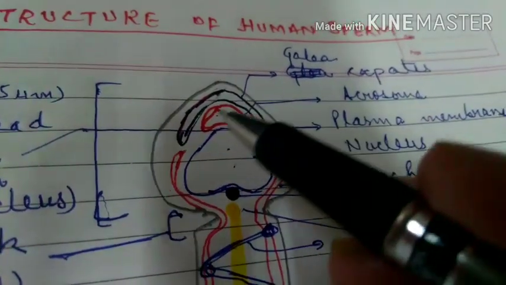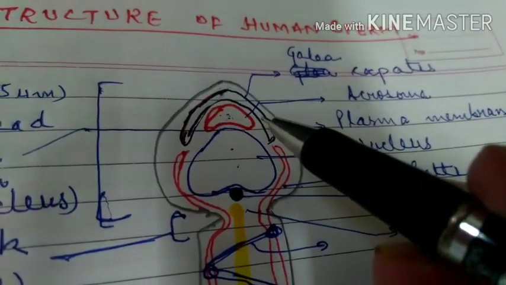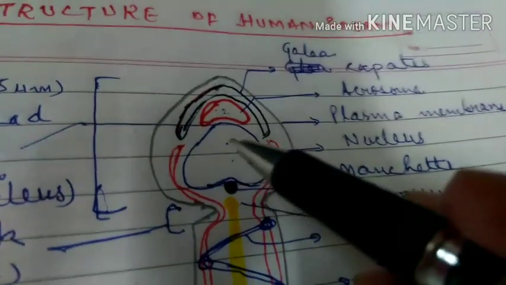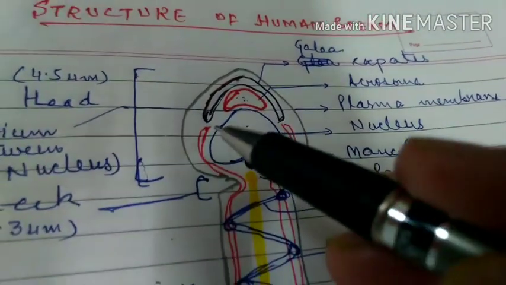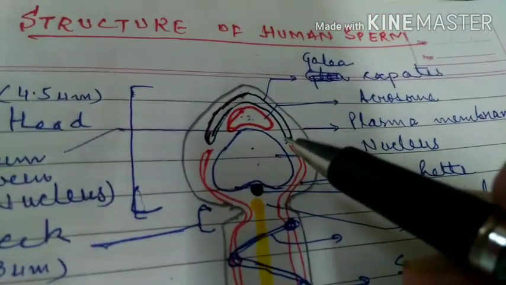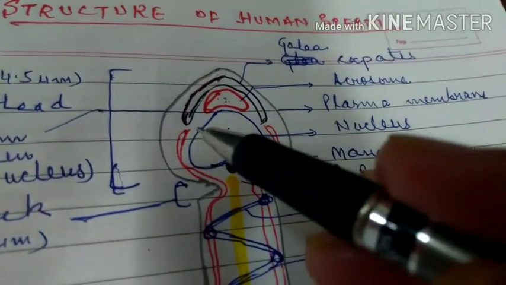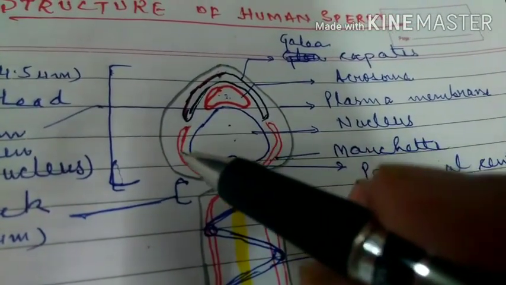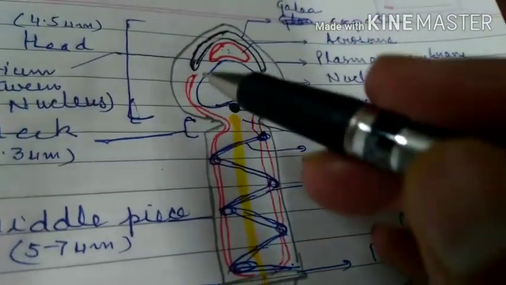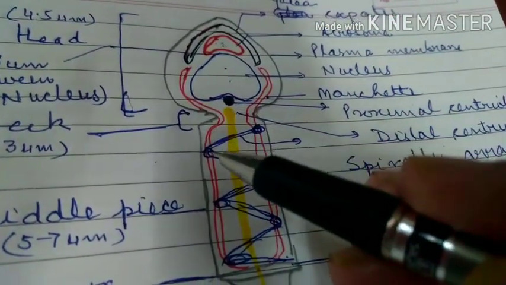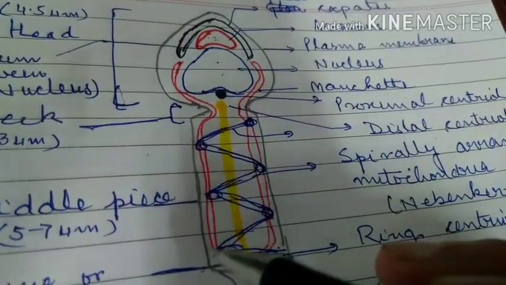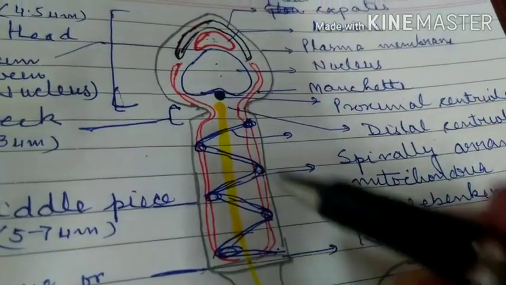capitis, which covers the acrosome and the upper part of the nucleus. There is another covering called the manchette, which starts from the middle part of the nucleus and covers the middle and lower part of the nucleus plus mitochondria plus middle piece.